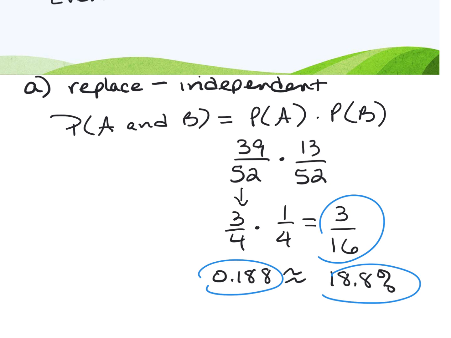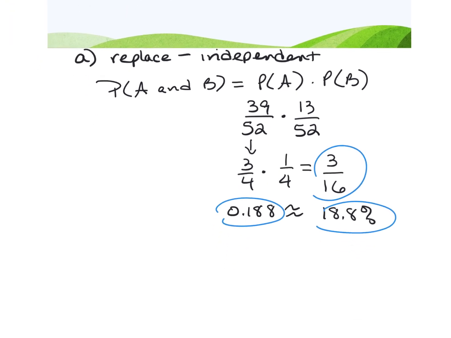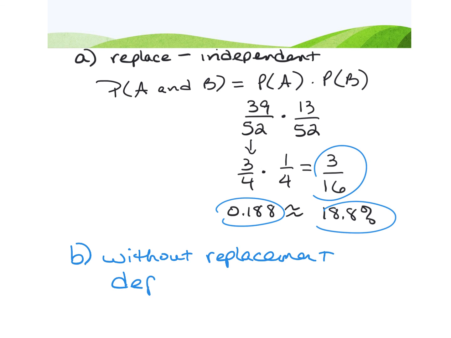Without replacement, when I choose the first card and I keep it, that's going to change the probability. So for part B, this is without replacement, so I don't replace it. This makes it dependent.